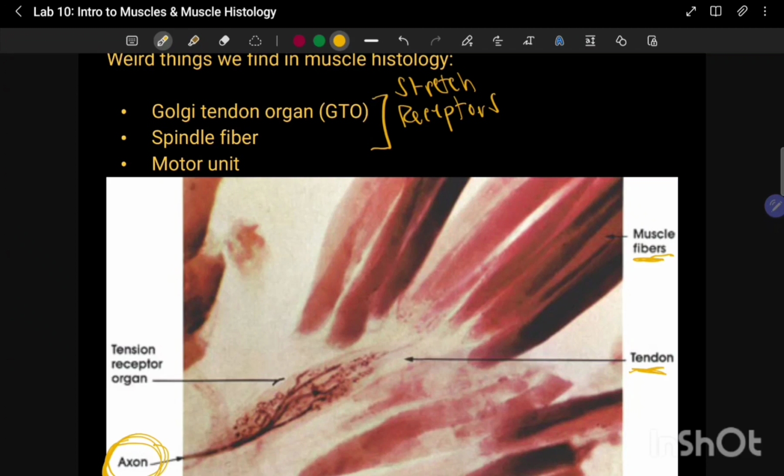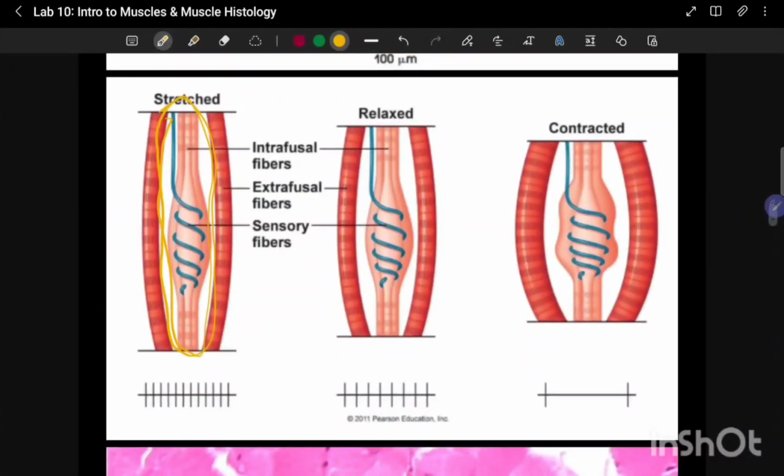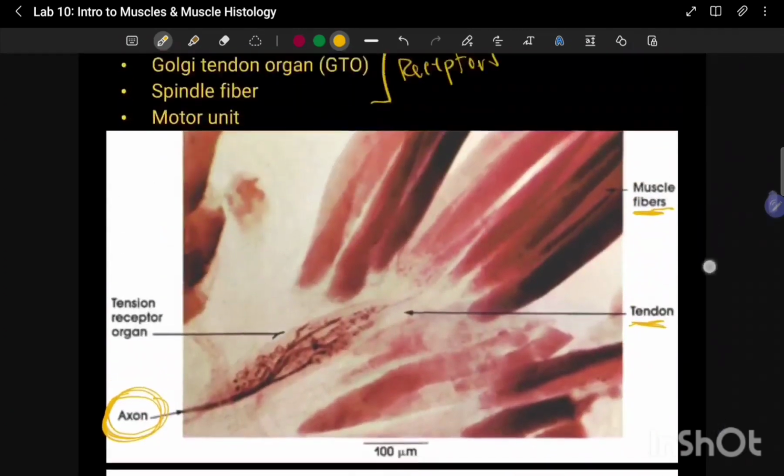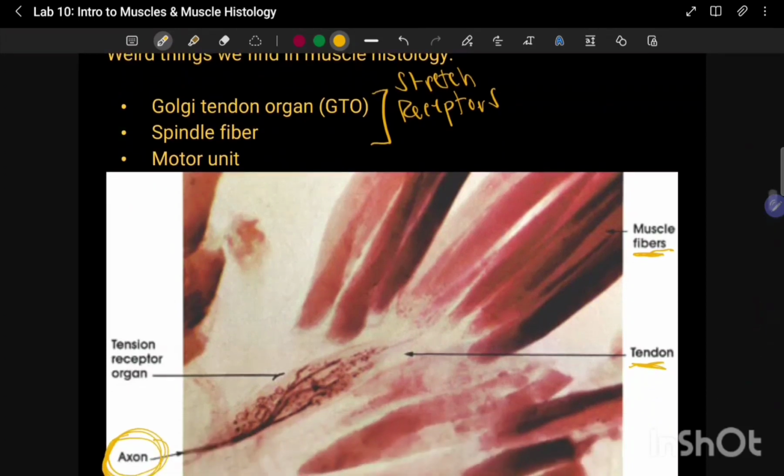So they are going to be an inhibitor. Whereas spindle fibers are going to enable more stretch. And so they're going to stretch to a certain point, and then we're going to be limited by the physical muscle tissue here. But the most important thing to know here is that the Golgi tendon organ and the spindle fiber are opposing each other's actions.